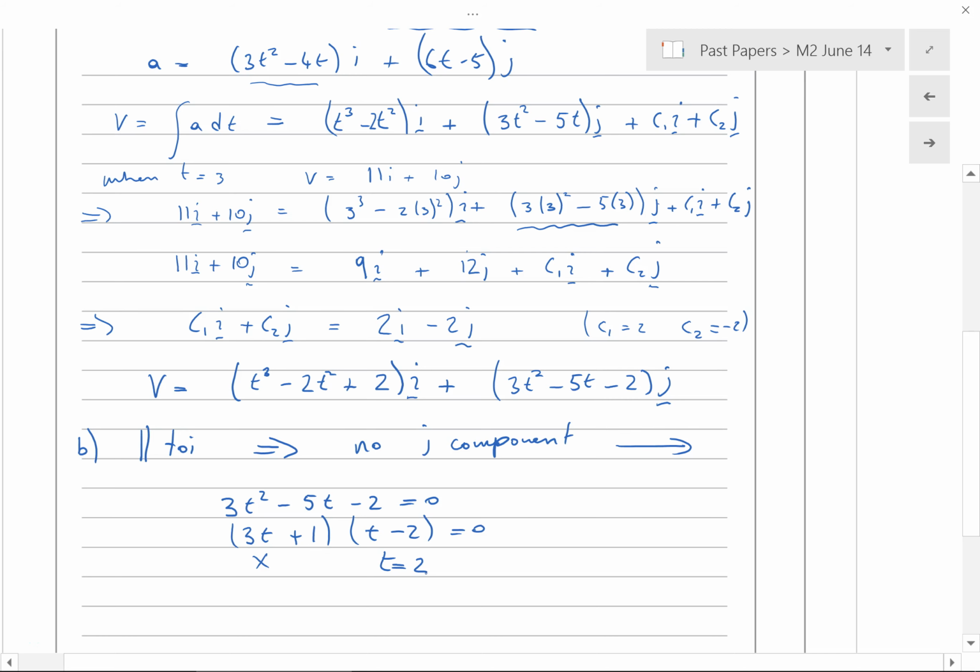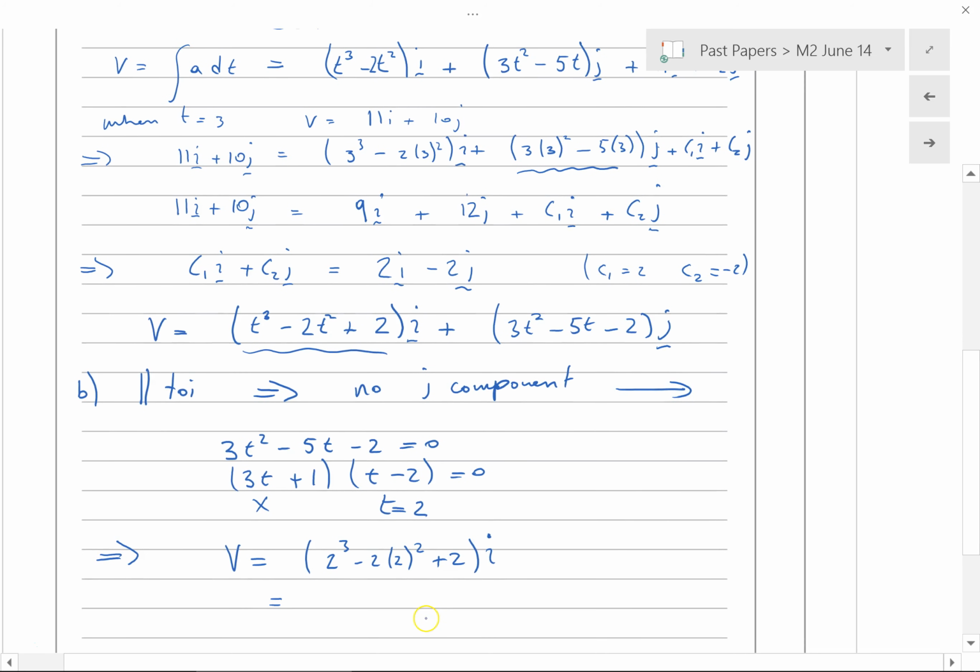Right, so if we put t equals 2 back into v, now obviously we don't need to put it back here because we know that's 0, so we're just putting 2 into here. So v equals 2 cubed minus 2 times 2 squared plus 2 i.